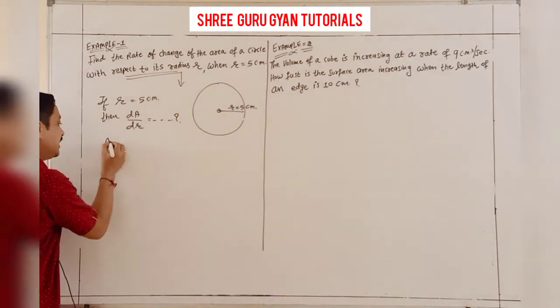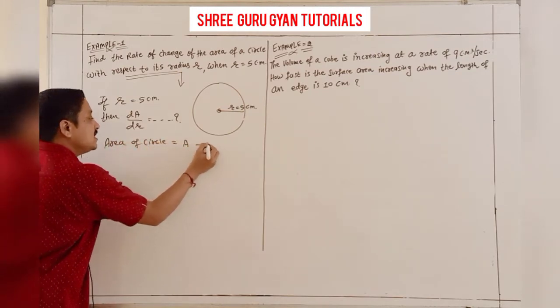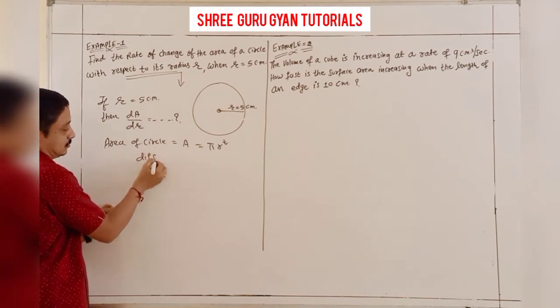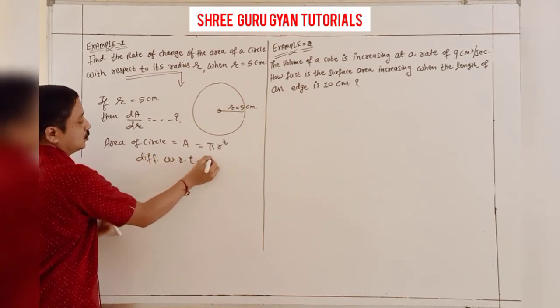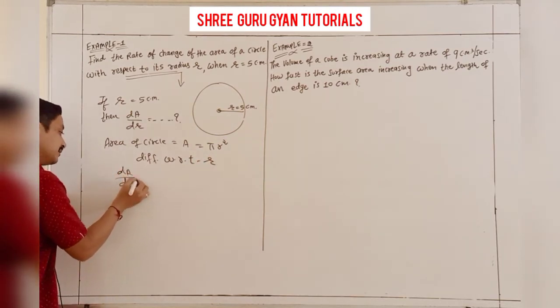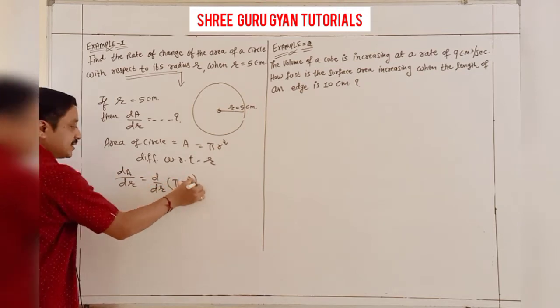So the area of a circle, you know that very well. And differentiation with respect to r. So dA by dr, d by dr of pi r square.